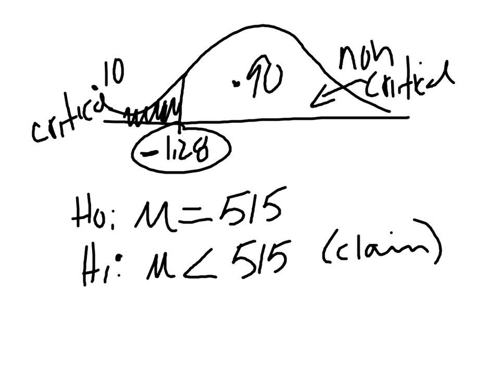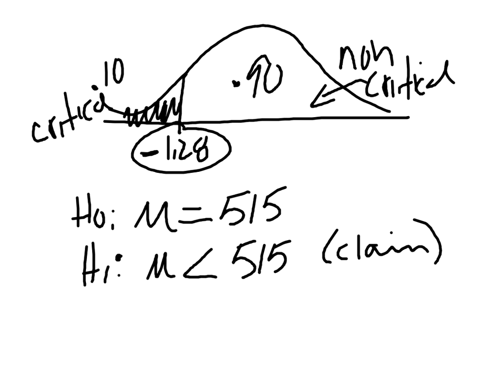Now, they could have worded the problem that the superintendent claims that her student scores were less than 515, but they didn't use the word claim. They said she wanted to see, okay? So that just gets interpreted as claim.